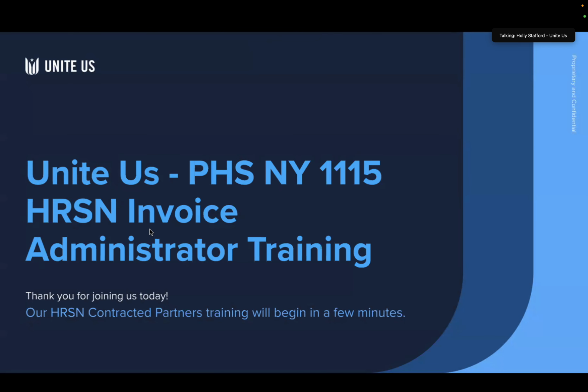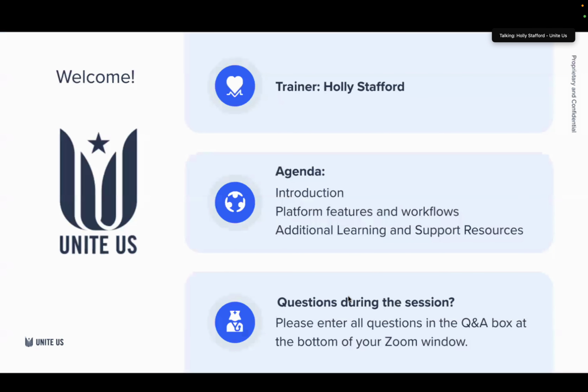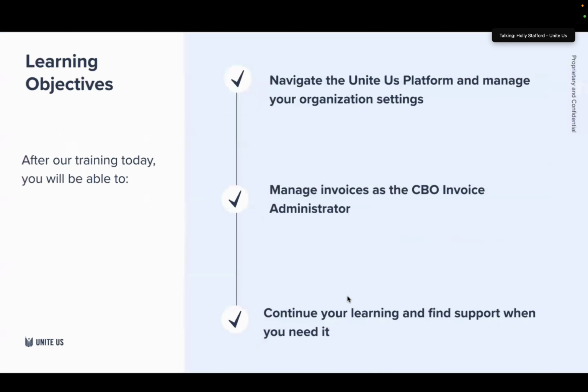This session is really designed for us to review, if I work at a CBO or an HRSN provider, how you can navigate the Unitas platform and manage your organization settings. I'm going to show you how you have been identified as someone who would be considered an invoice administrator at your organization.